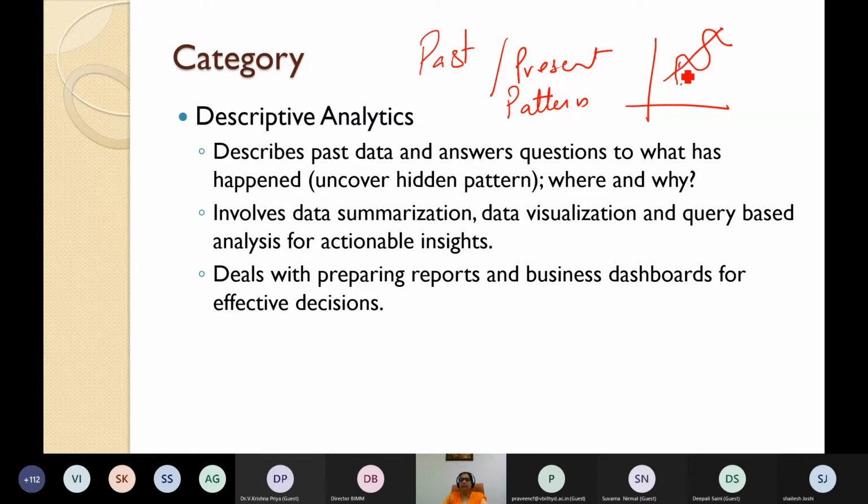You can have some seasonality associated with the forecast. So this complete pattern will be visible when you put the data in some manageable format. So that is uncovering the hidden pattern, where it has happened, why it has happened. It involves data summarization, data visualization, and query-based analysis.